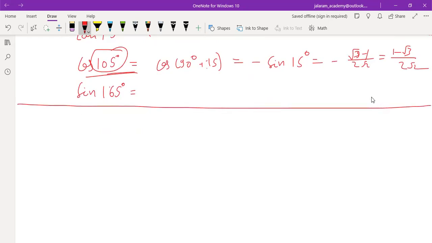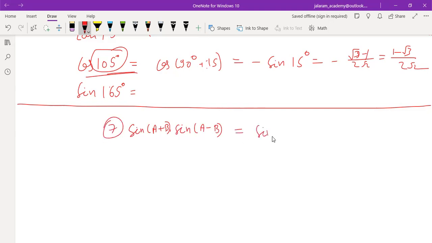So there are two more important formulas you must learn, and learn how to use these formulas. The formula is first the product of sine A plus B into sine A minus B. Remember the formula. This is the seventh formula.